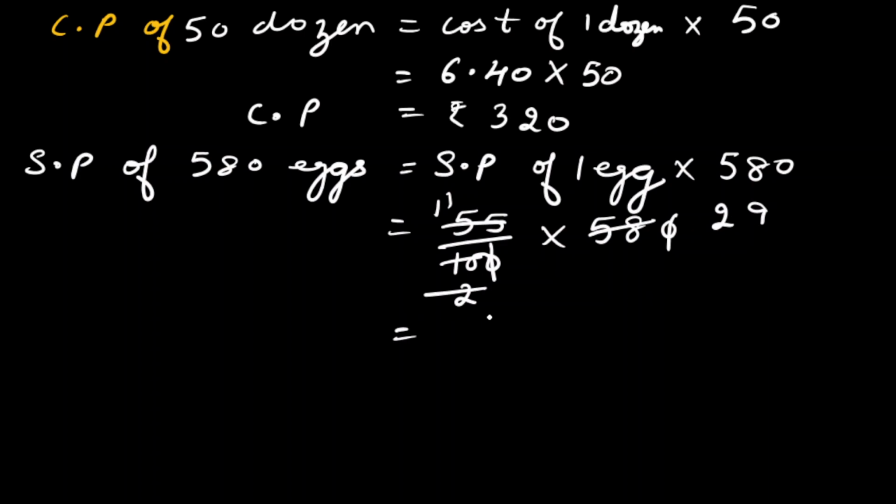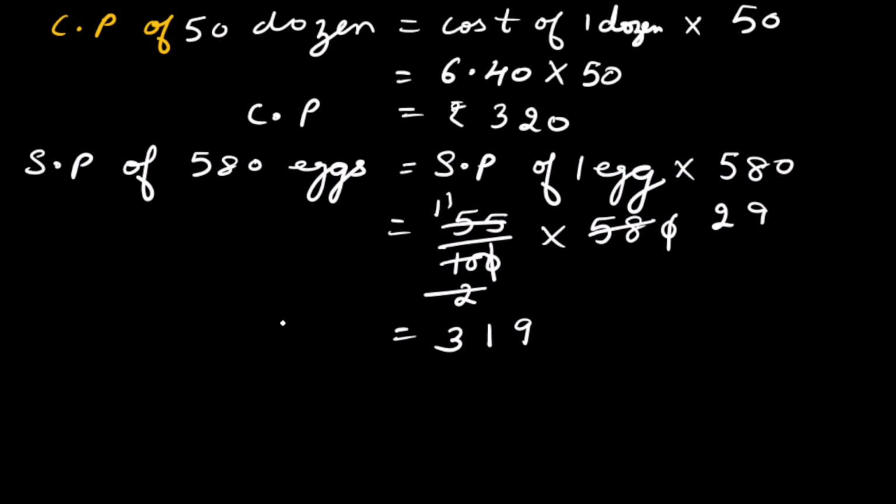Again we see a two-digit number: 29 multiplied by 11. The sum of 2 plus 9 is 11, so 1 will get added. Don't do it directly; we get 319.